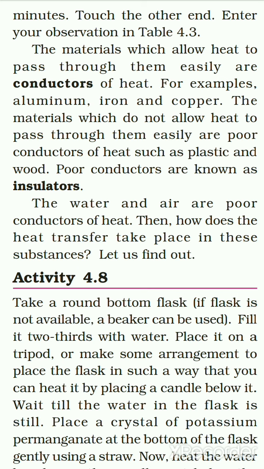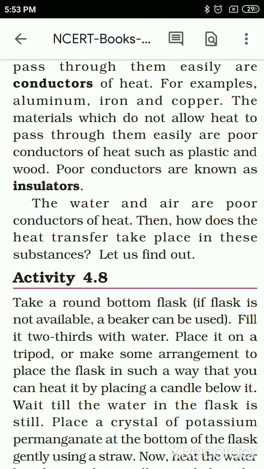So student, what is the difference between conductor and insulator? The material which allows heat to pass through it is called a conductor, and the material which does not allow heat to pass through it is called a poor conductor, also known as an insulator. Examples of conductors are aluminium, iron and copper, and examples of poor conductors or insulators are wood and plastic. I hope you understand.